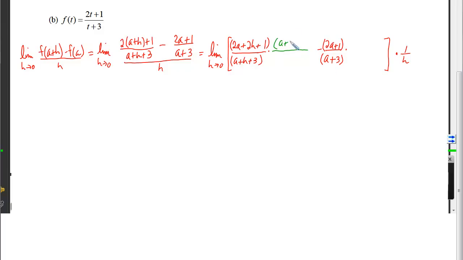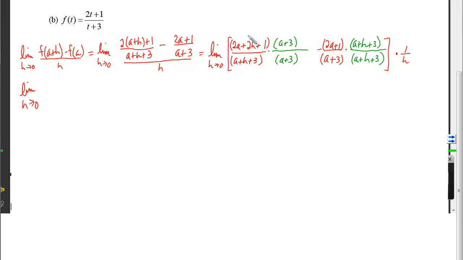So I'm going to multiply this one by an a plus 3 over an a plus 3. And this one here is missing the a plus h plus 3. So I'll do that on top and bottom for both. Now that I'm here, I'm ready to multiply out, because remember the goal is to get rid of that factor of h on the bottom that we don't like.